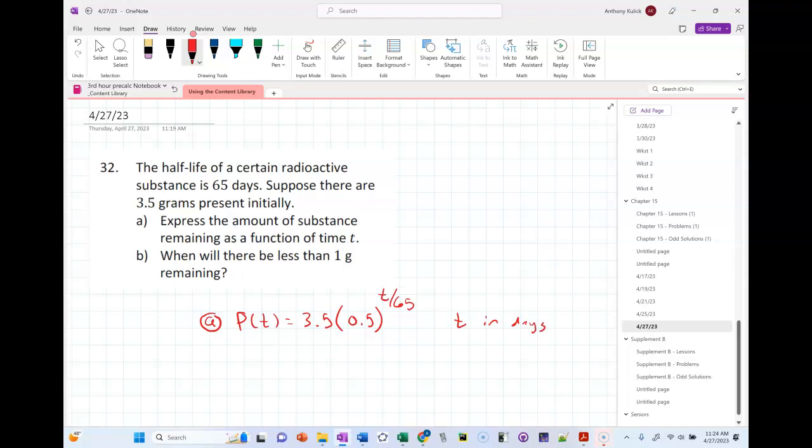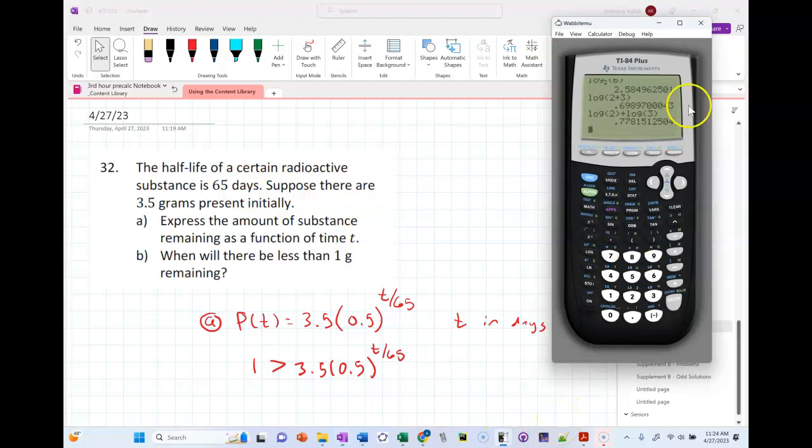When will there be less than 1 gram remaining? So we're basically solving this equation, right? I'm just gonna do this on my calculator.